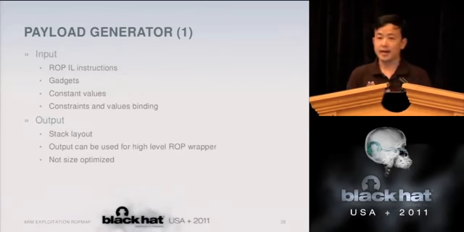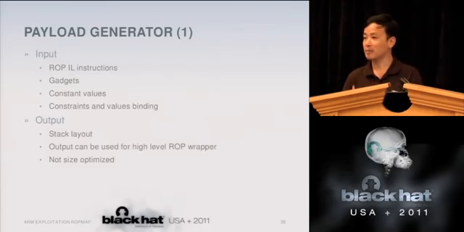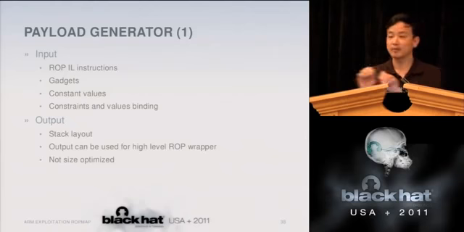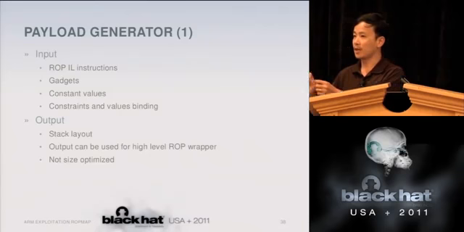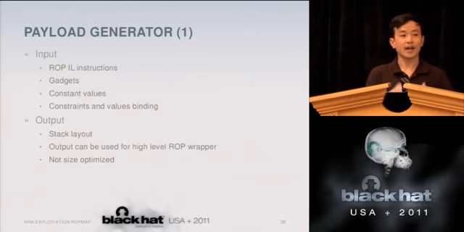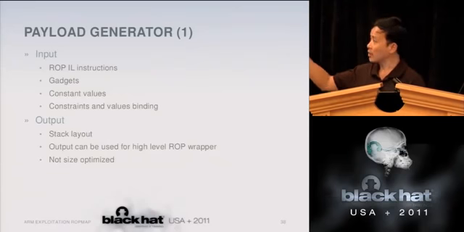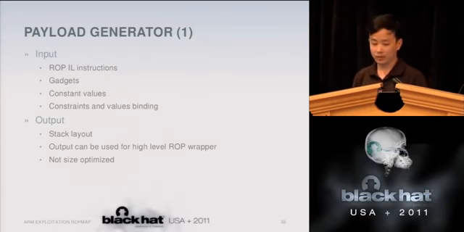Now we have the gadget chain. It's a big improvement from nothing to a gadget chain automatically, but it's still not enough. If you have to do the payload manually, you still have to spend lots of time putting the right values in your payload, right? So here we create a payload generator with input from the ROP instruction, or a gadget instruction.